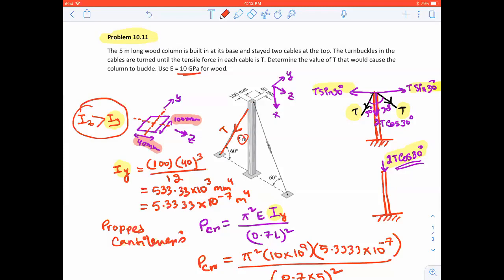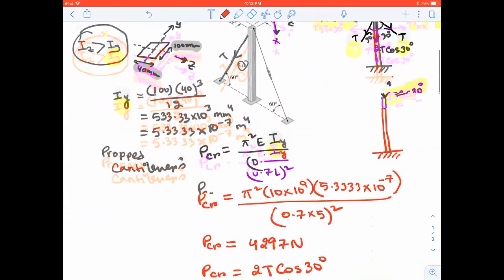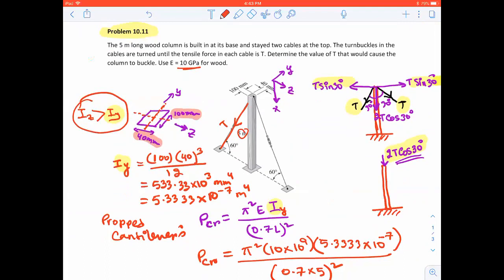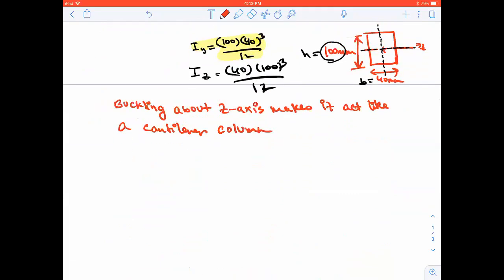About the axis about which you have your lowest moment of inertia, you're going to see bending in that direction. But in this problem you cannot say that, because we have to analyze it as two different columns. In the z direction it is acting as a propped column, in the y direction it is acting as a cantilever column.